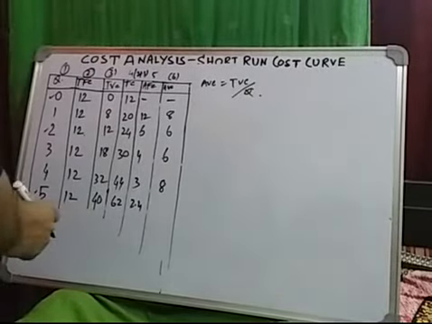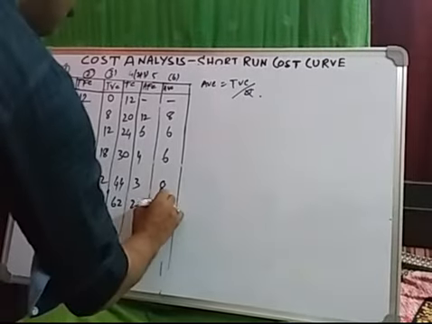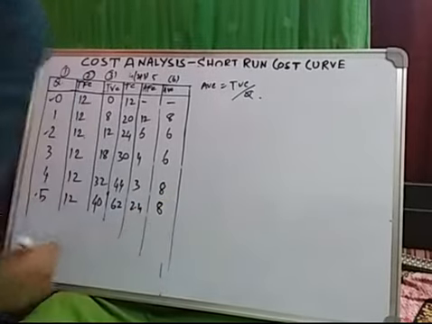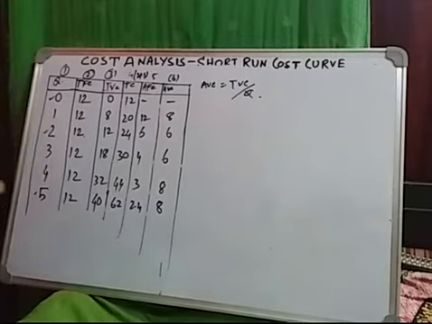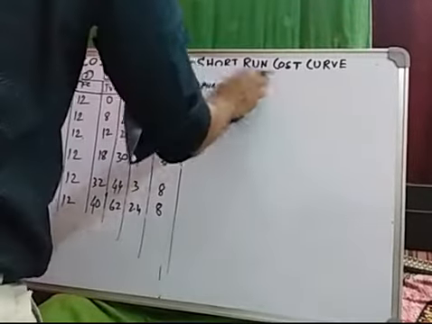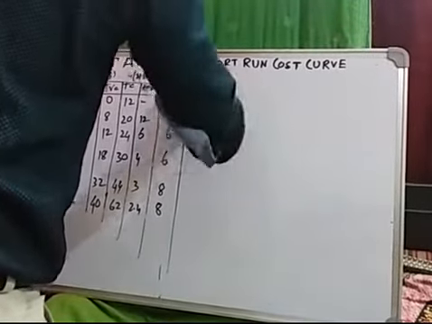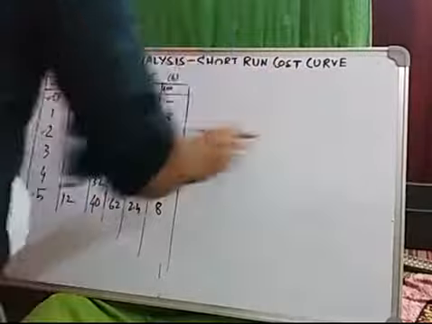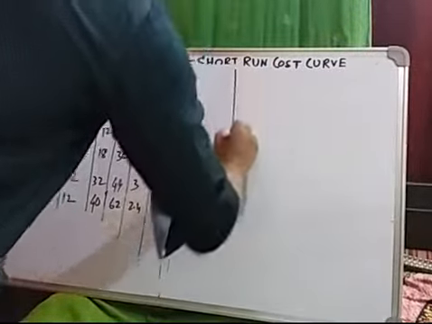And 40 by 5 is equal to 8. Clear? So this is the AVC data. If I put this AVC data into the two-dimension diagram, then you can get the AVC curve.